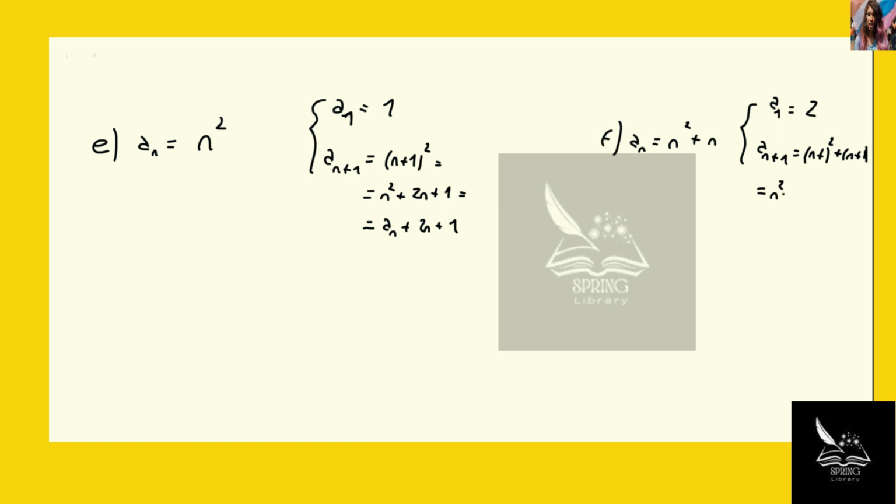This is n squared plus 2n plus 1 plus n plus 1, which is, well, let's rearrange this as n squared plus n, and then we have the other terms, which is 2n plus 2. But now we recognize this as an plus 2n plus 2.